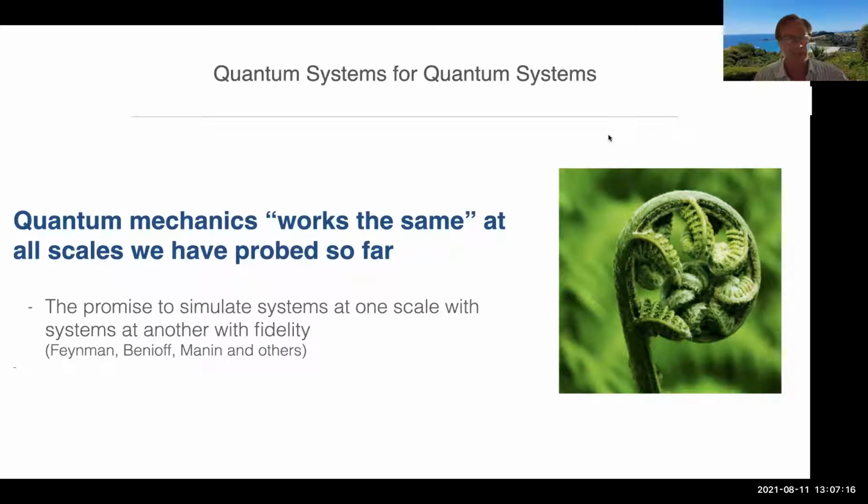So what that means is that if we're interested in simulating quantum systems at, say, 10 to the minus 15 meters, or quantum systems at the astrophysical scale, then we should be able to, in fact, map those systems onto quantum systems at, say, the size of a room or a laptop, or of an ion trap, for instance. And so this is the objective, and there's certainly been significant progress towards that, as you will see.